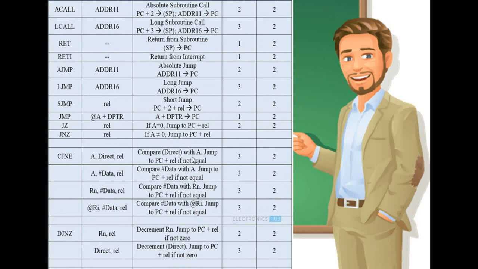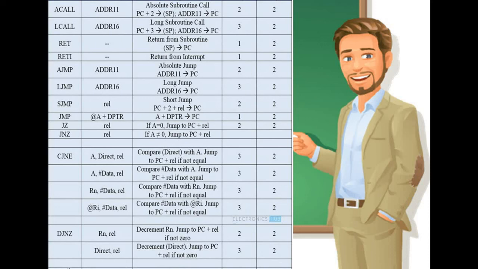If the contents of direct and the contents of the accumulator are not equal, then jump to program counter plus rel. Next one, decrement jump if non-zero. Decrement the Rn value and jump to the program counter plus rel value if the value is not 0.